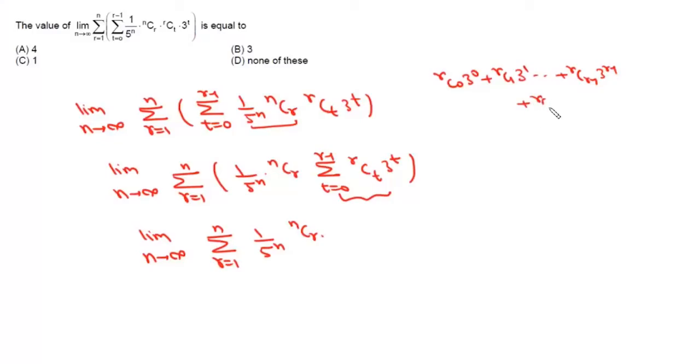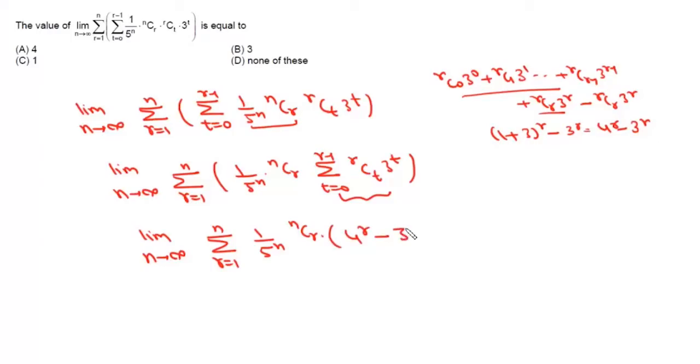Now if we add rCr 3 to the power r, and if we subtract rCr 3 to the power r, now this is nothing but the expansion of (1 plus 3) to the power r minus 3 to the power r. So it will be equal to 4 to the power r minus 3 to the power r. Now we'll write this summation as this limit n tends to infinity.